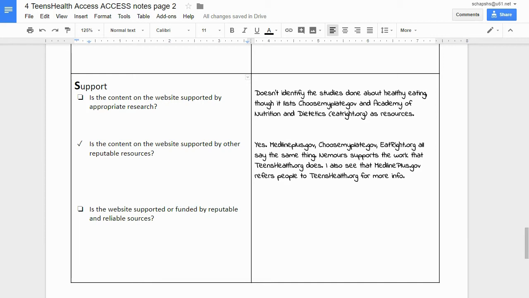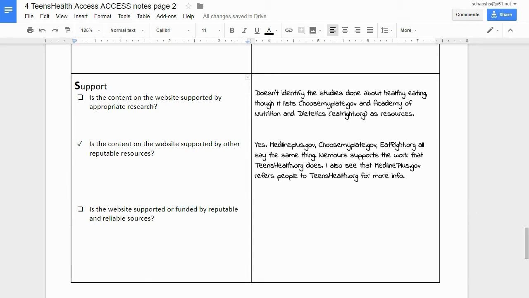The reason this is important is because it helps us determine if there's any bias or agenda or hidden motives present. So we want to make sure that the people and organizations who are funding a website or a group are reputable and that we can trust that when they pay for something, they're not expecting something else in return.